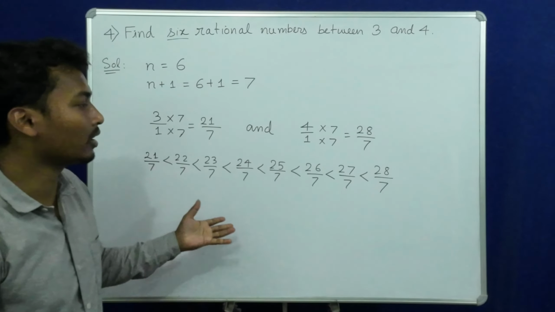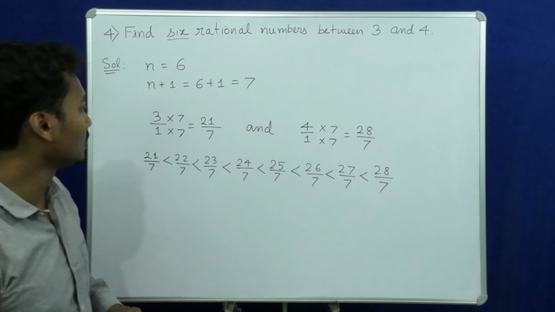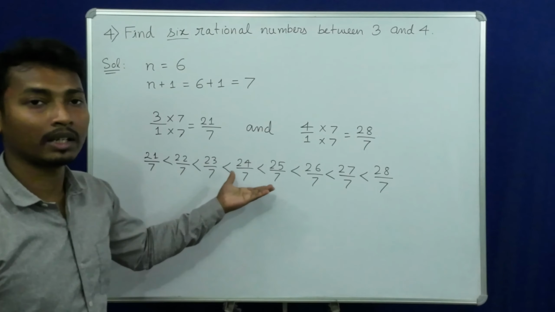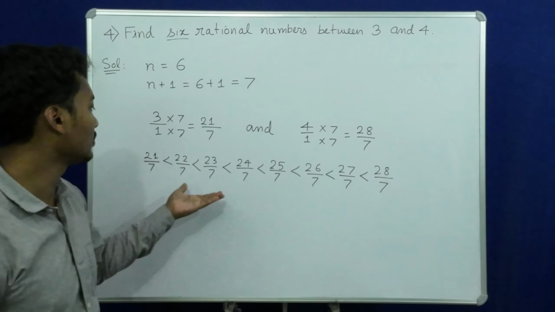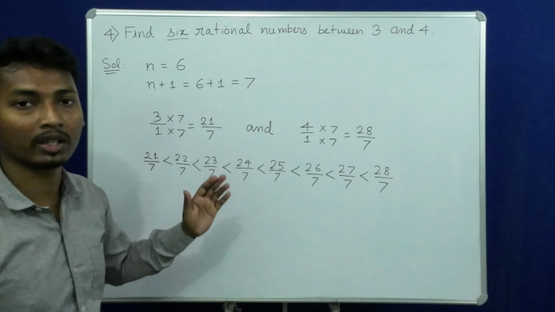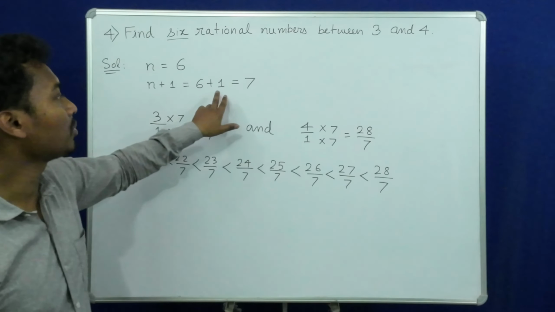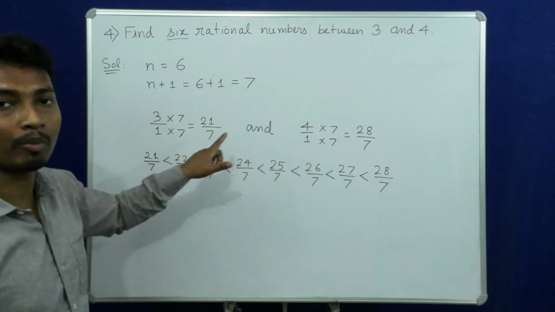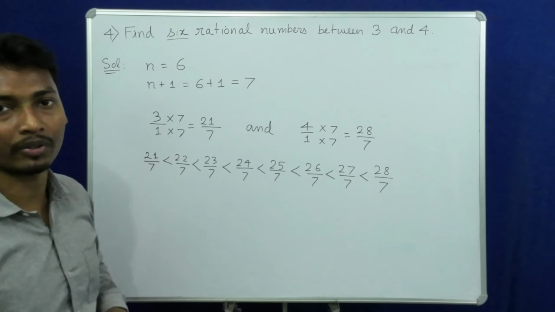So here we did not have to do much. We just identified what can be the rational numbers in between them by multiplying n plus 1 with the numerator and denominator of both the rational numbers.